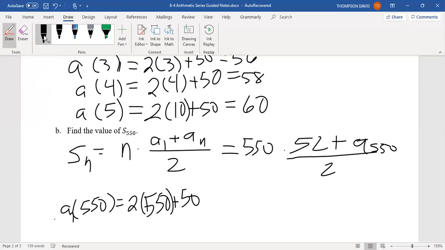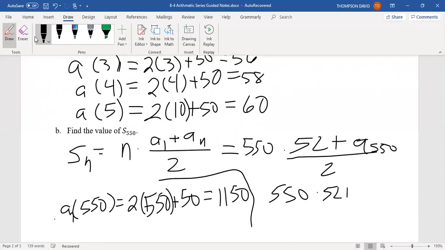Two times 50 plus 50 gives me 150. So this becomes the same thing as saying 50 times 52 plus 150, all that divided by 2.